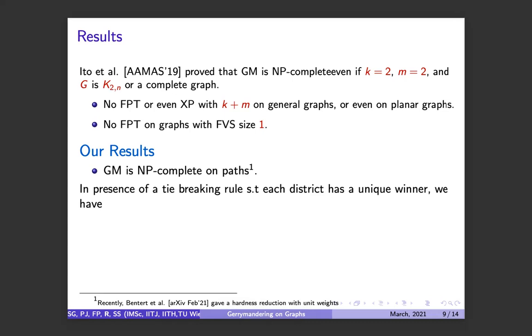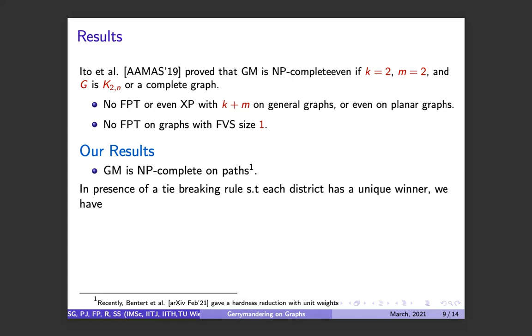So in each district, as I said, we defined what it means to say a candidate wins in a district, right? Multiple candidates can gain maximum weight in a district. To avoid multiple winners in a district, we can define a tie-breaking rule, and this could be defined based on some popularity, some lexicographic ordering, or previous records, or anything.